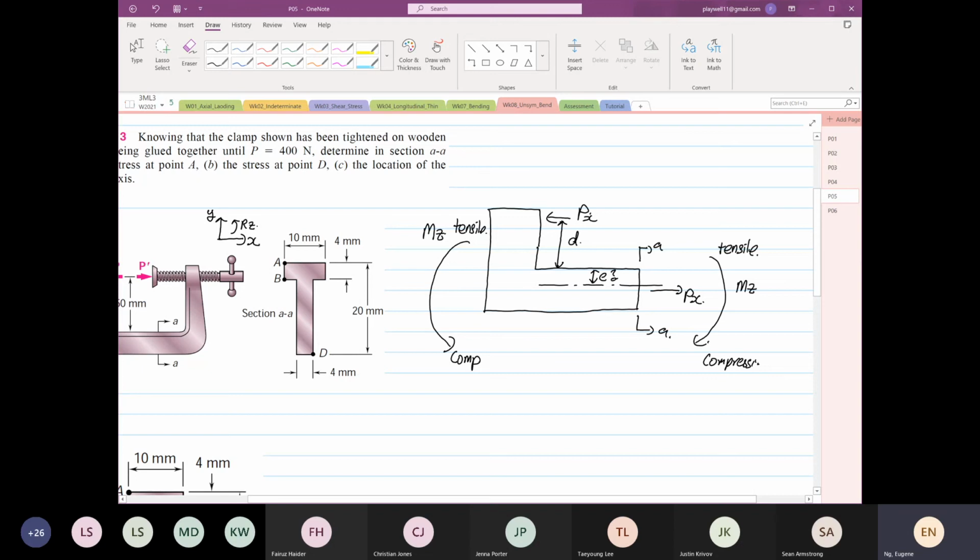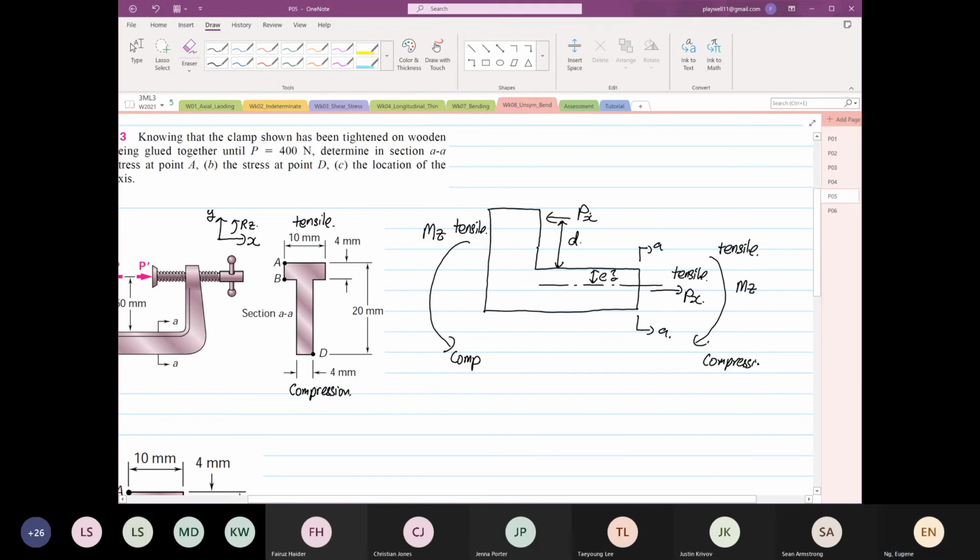So from here, you know that on top is tensile. Just write this down. So this is tensile, and then this is compression. So you are very sure now point D will be under compression, yes or no? Px is going to induce a tensile.